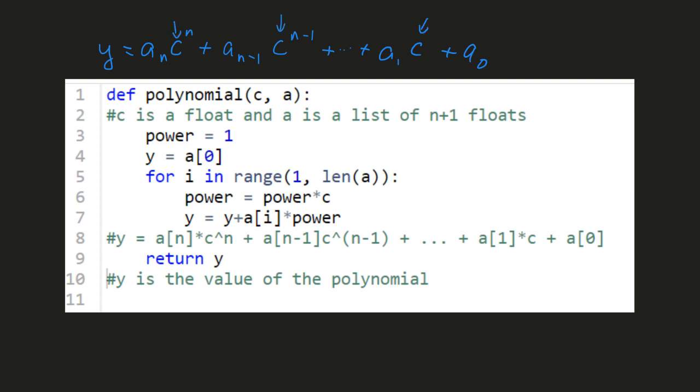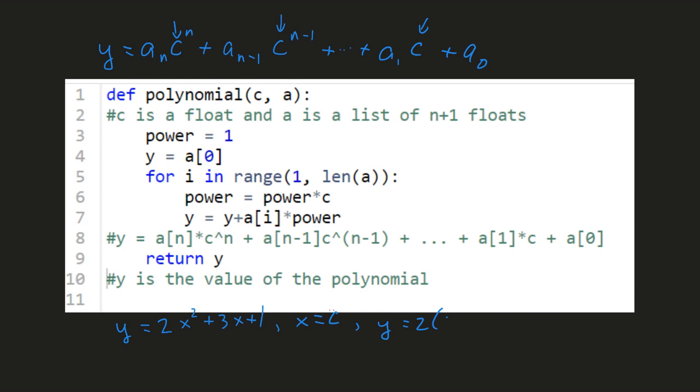So what I mean by that is you could take something like y equals 2x squared plus 3x plus 1. And then if I want to evaluate that at x equals c, let me use an actual number here.